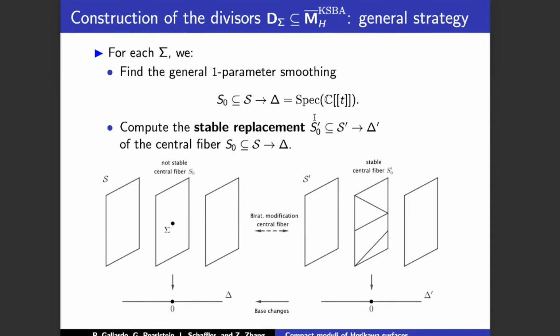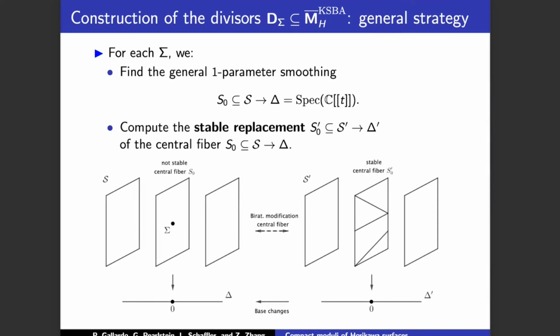So in the picture that you see right now, let's focus on the bottom left. The picture in the bottom left is supposed to represent the one parameter smoothing curly S mapping to delta. So delta is this line at the bottom, the family is on top, and those rectangles are supposed to represent the fibers of this family, where the central fiber S0 that sits right here has the additional dot representing the singularity of type sigma.